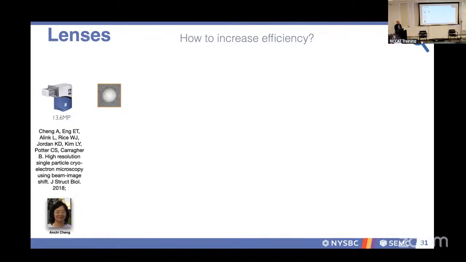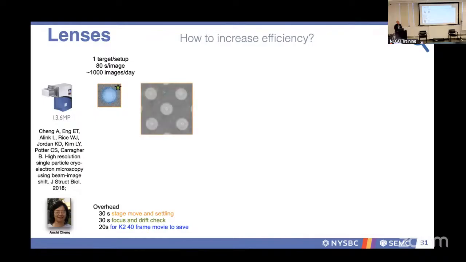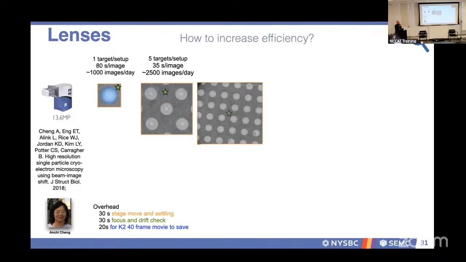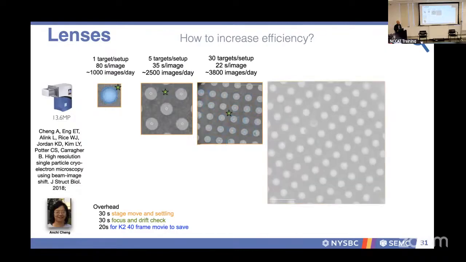It would take the goniometer, the stage of the microscope, a certain amount of time to settle. What we can do is use the lens systems to image shift to a particular target and then beam shift back to the sensor.